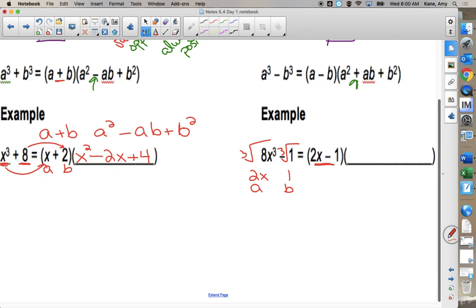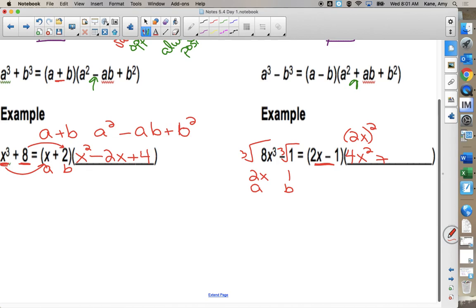Then when you go to plug it into the rest of the formula, we have to take A squared. What is 2x squared? Chris? Right, that becomes 4x squared. So this is really 2x, my A term, and you're squaring it. Then I need the opposite sign. So I started with a minus, the opposite is a plus.